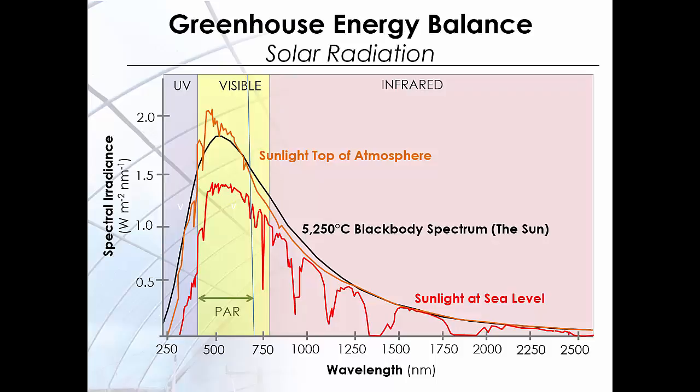The range between 400 nanometers and 700 nanometers is called photosynthetically active radiation, or PAR, which is of specific interest for plant growth. A small portion of this radiation is used for photosynthesis, while the rest is converted to heat. The interactions of solar radiation with the greenhouse glazing determine how much energy enters the greenhouse system.